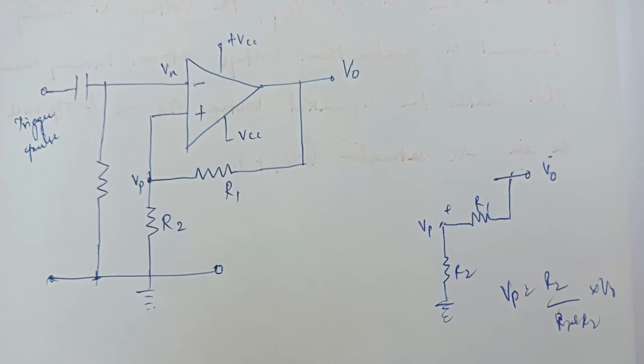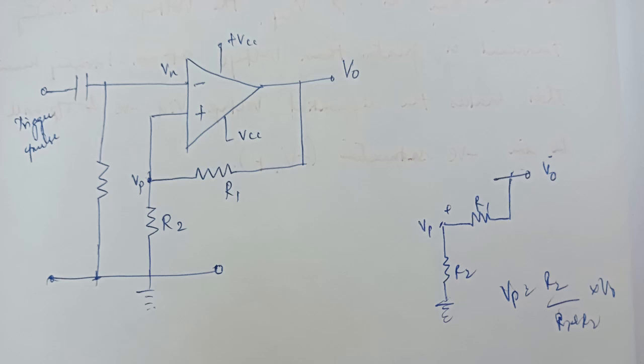So the output voltage can stay at one of its stable states indefinitely, until an external trigger pulse is applied, and an external trigger pulse causes a transition in the output voltage to another stable state, and it can stay at that state indefinitely. So if I give a second pulse, automatically the output voltage goes back towards the previous state, and it will stay forever.